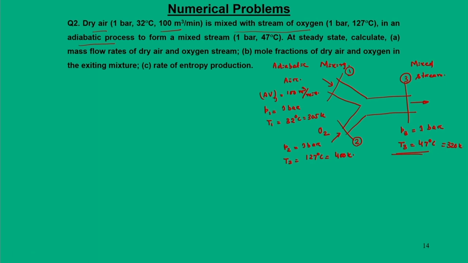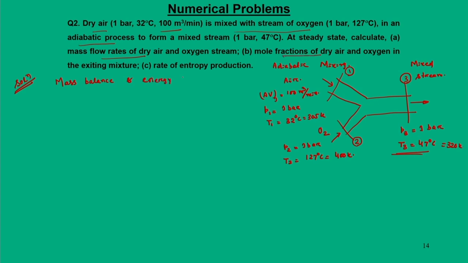Now to do that, we need to recall two things: one is the mass balance and the other is the energy balance. And this mass balance and energy balance will give you the information about the mass flow rate and mole fraction.